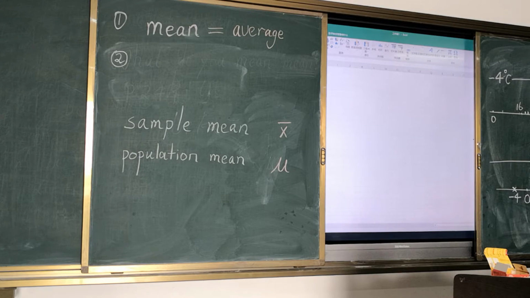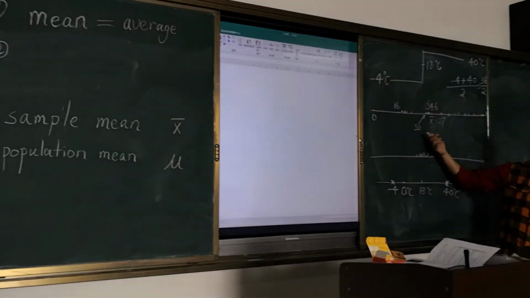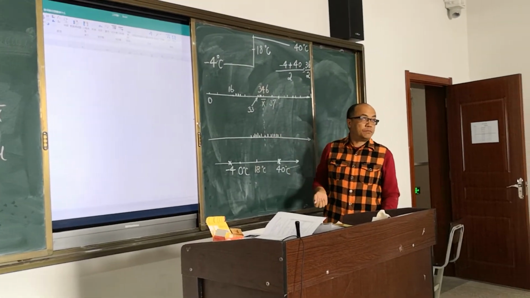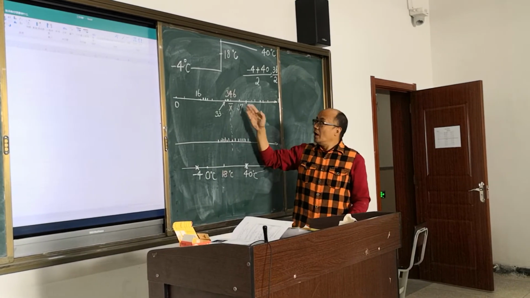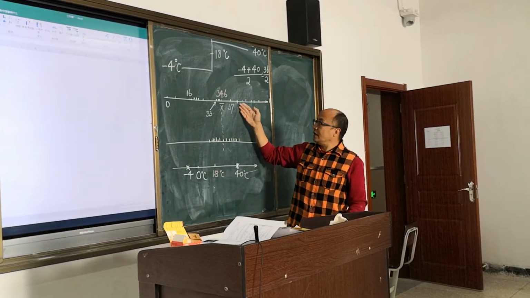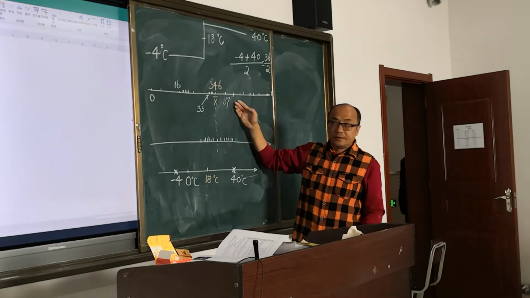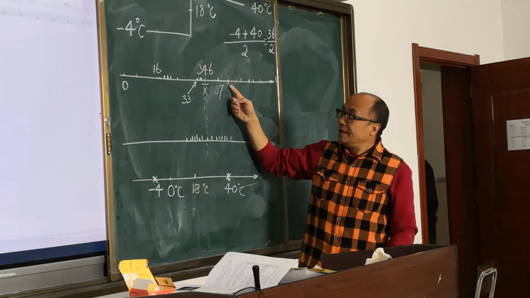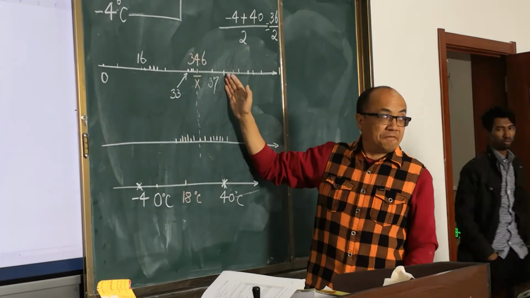This season is above the average by 2. And let's say here is a 33. This one is a 33, and this season is lower than average by 2. And here, let's say, is a 40. This season is above the mean by 5.